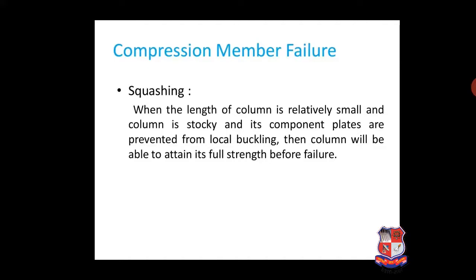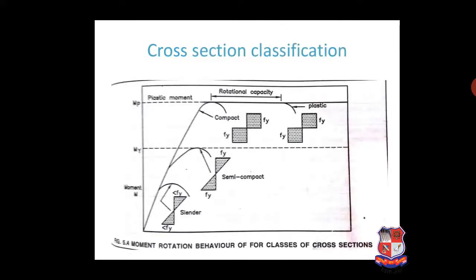Squeeze load is given by yield stress multiplied by cross sectional area. So it is directly proportional to the cross sectional area of the section that will be used to resist the compression force. These three types of failure we cover in our design criteria also, so we can find a safe section against compression failure.